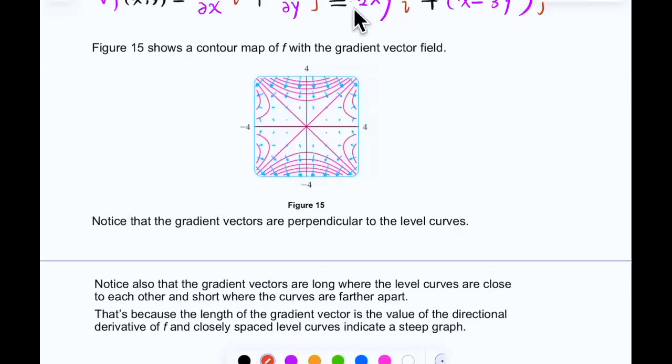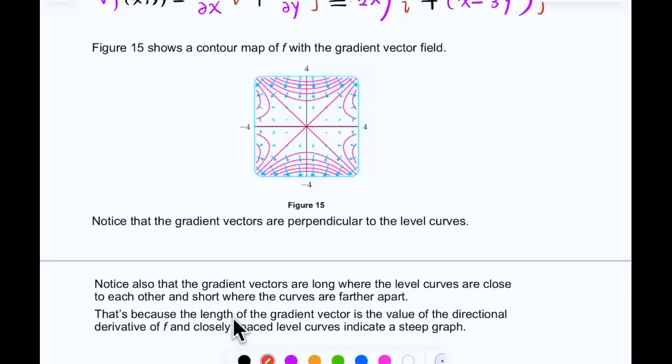You take the square root of the square of this plus the square of this, right? The length of the gradient vector is the value of the directional derivative of f, and closely spaced level curves indicate a steep graph.